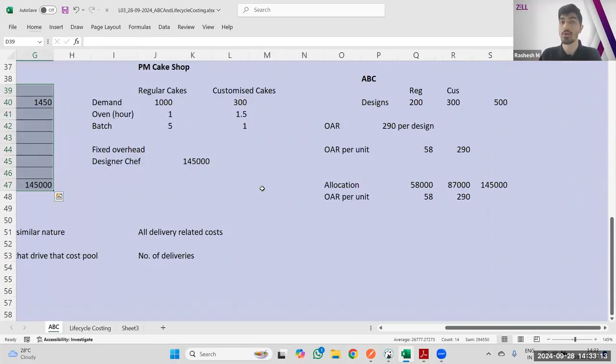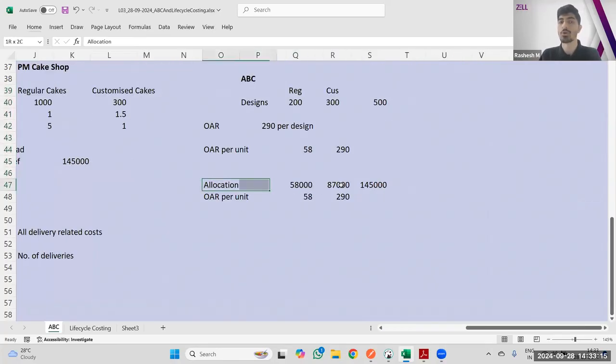Whereas when I did it for activity-based costing, it told me that less of his time is going in designing regular cakes, 58,000, and more of his time is going in making custom cakes. Now that when I see, I agree with it from a business perspective also. What is actually happening in my business is also displayed in my accounts, which means my accounts are more and more accurate. Getting more accurate costs per unit is where activity-based costing comes into play. Make sense, guys?